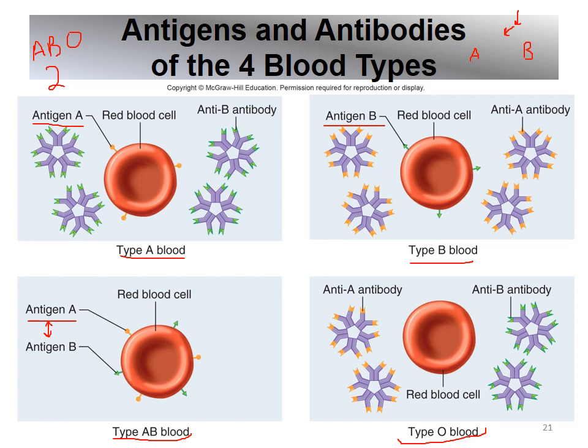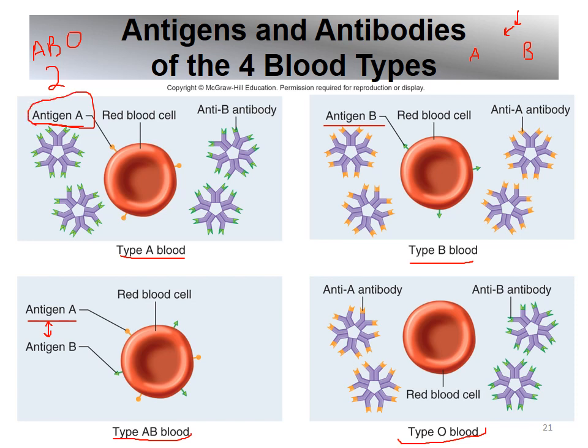Now, when my body is on its dedicated path, once it is determined what blood type I am, my body will look at the blood cell and figure out whichever antigen is not present is my enemy, and therefore I will make antibodies that want to attack it. So for instance, if I'm type A, that means I have antigen A on my cell surface.